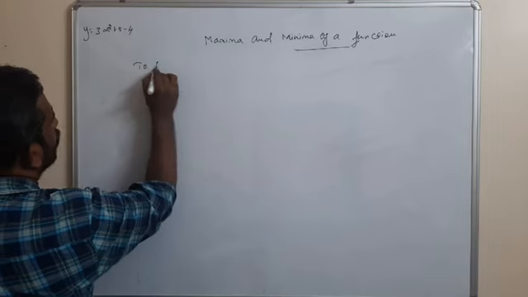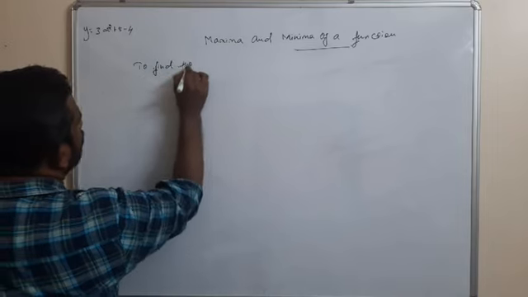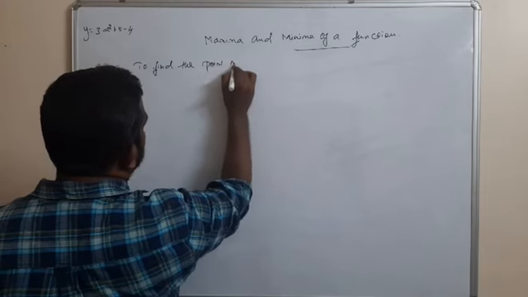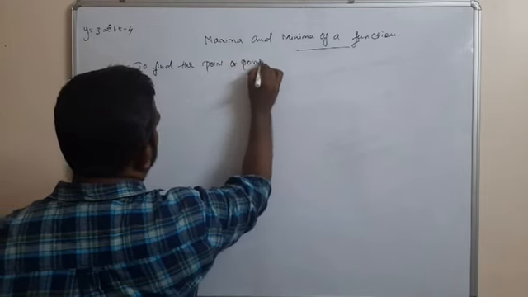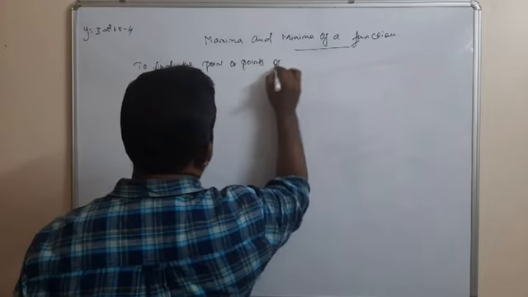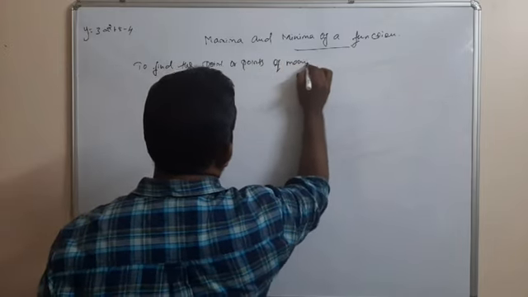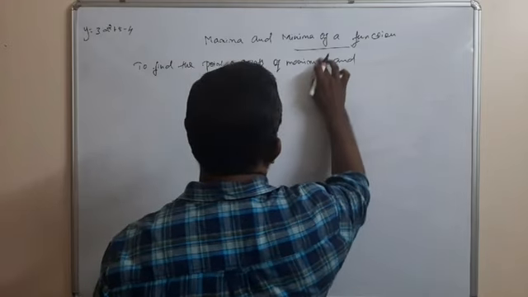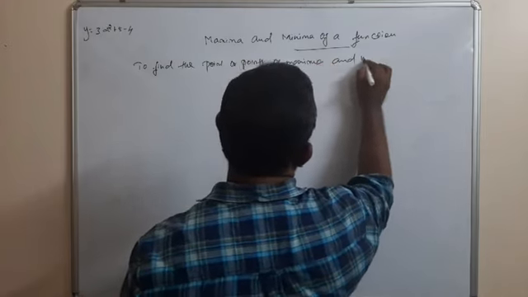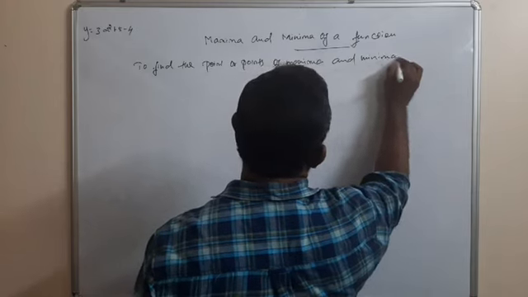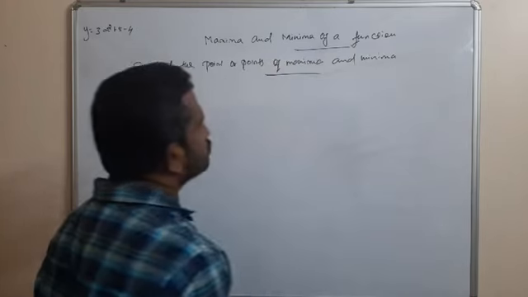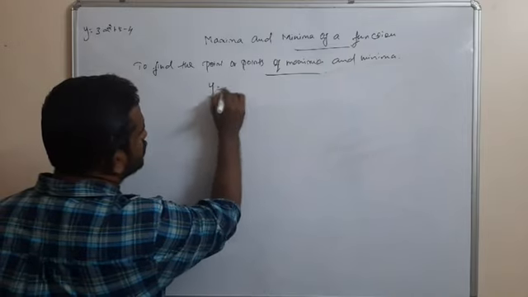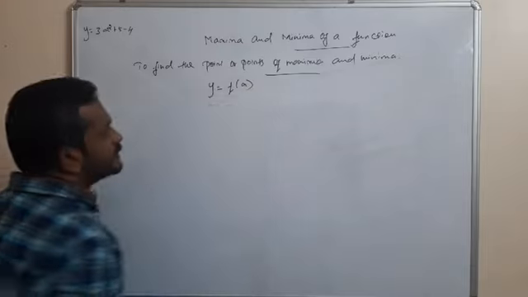To find the point or points of maxima and minima, suppose y is equal to f of x is our function.